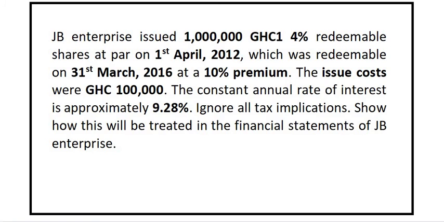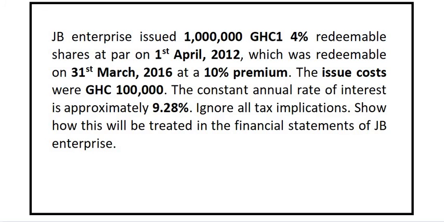The issue costs were 100,000 cedis. The constant annual rate of interest is approximately 9.28%. Ignore all tax implications. Show how this will be treated in the financial statement of JB Enterprise.